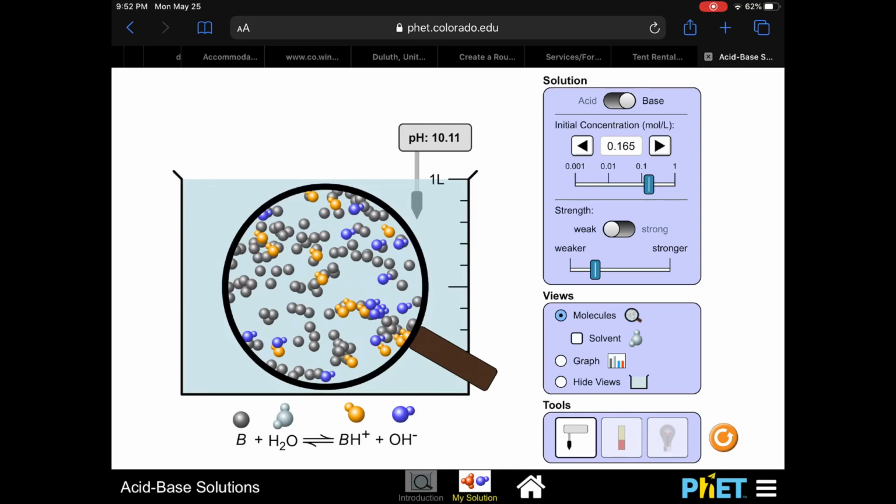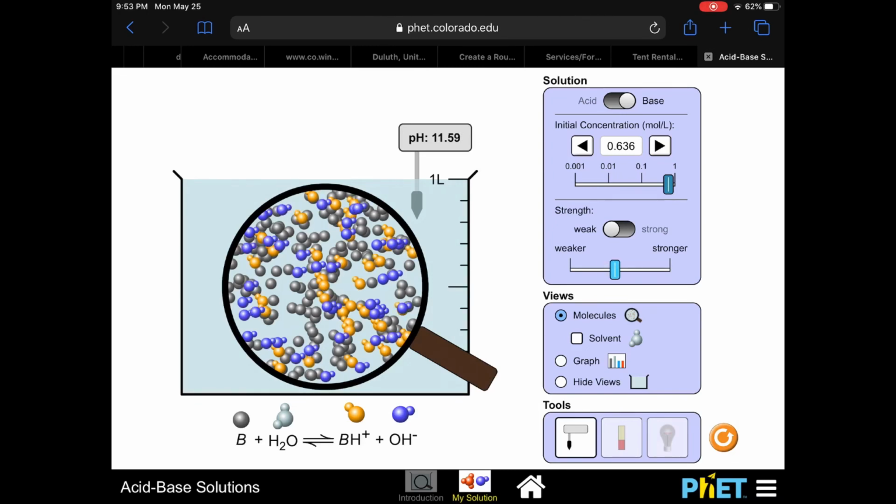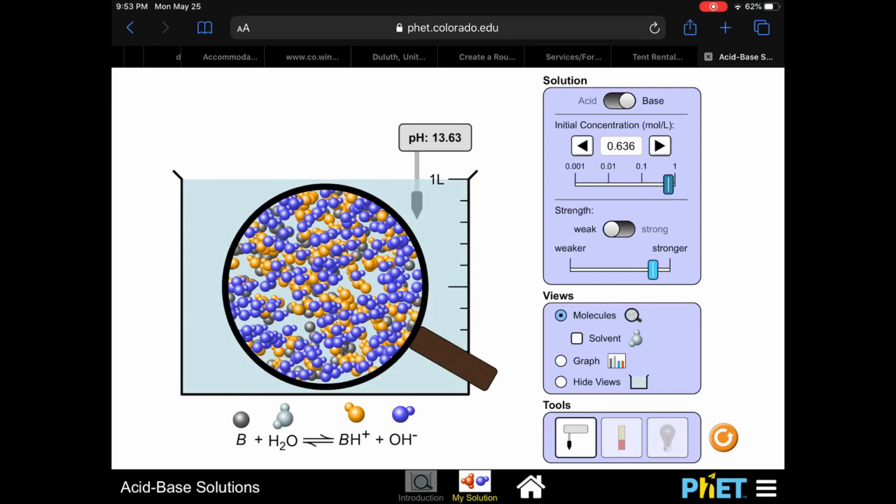Well, when you think about strong bases, I want you to think about approaching 14, because we're increasing the concentration of our base here, and the pH is going up. If this had been a strong base, more and more of it would have been dissociated into the BH plus and OH minus.